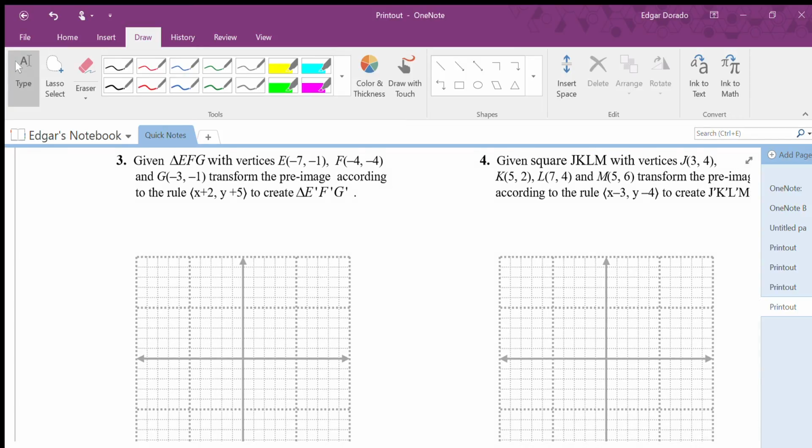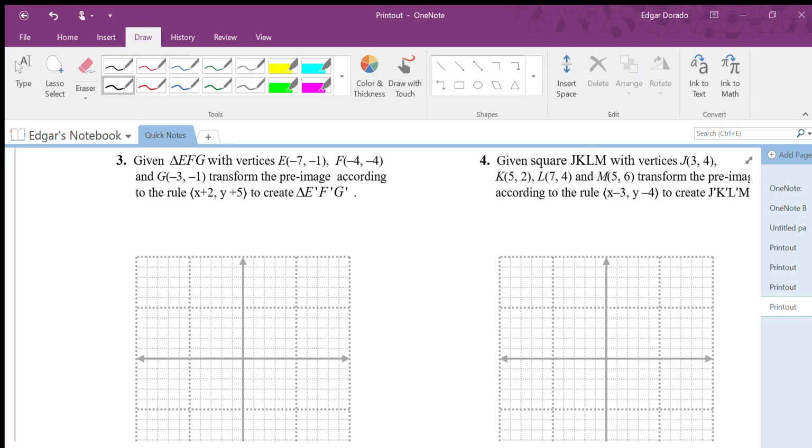So it says, given triangle EFG with vertices -7, -1 for E, F is -4, -4, and G is -3, -1, transform the pre-image, so that EFG is our pre-image, to the rule x plus 2, y plus 5 to create my new image, which is E prime, F prime, G prime. So let's actually go ahead and graph the original. Let's graph EFG.